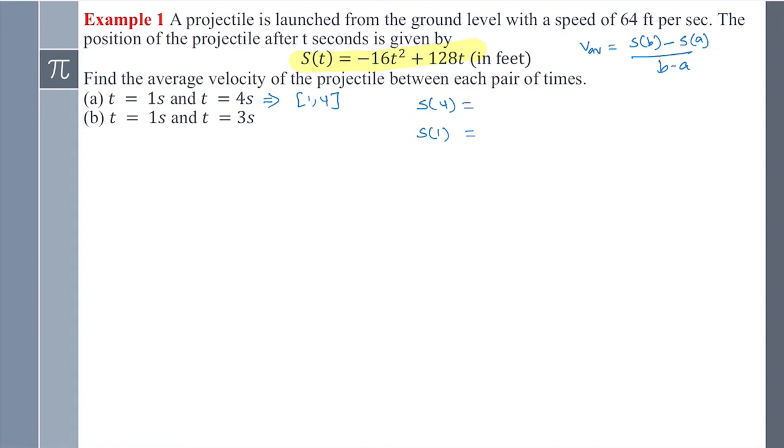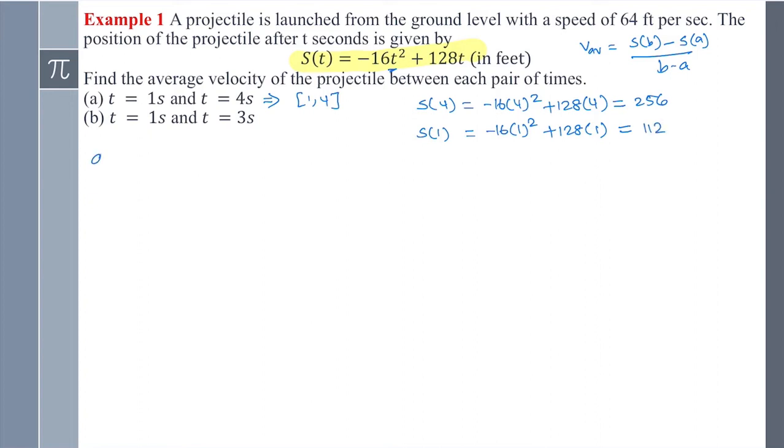To find s of 4, we plug 4 in for t: negative 16 times 4 squared plus 128 times 4. Putting this into the calculator, we get 256. Similarly, let's find s of 1, which is negative 16 times 1 squared plus 128 times 1. Putting this into the calculator, we get 112.